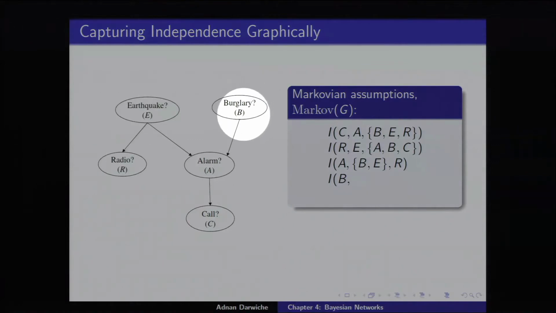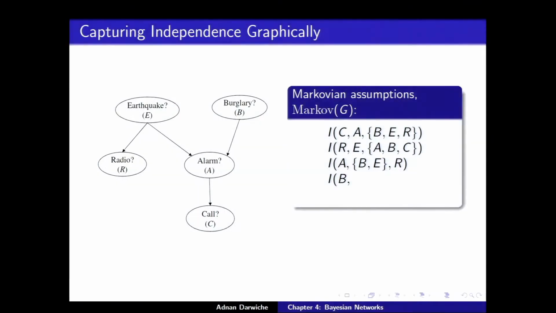Non-descendants, these 2 guys only. Very good. And finally, we have E, no parents as well. And there's only one non-descendant, which is B, and here we go. Right? So this is the set of what we call the Markovian assumptions of this particular DAG.